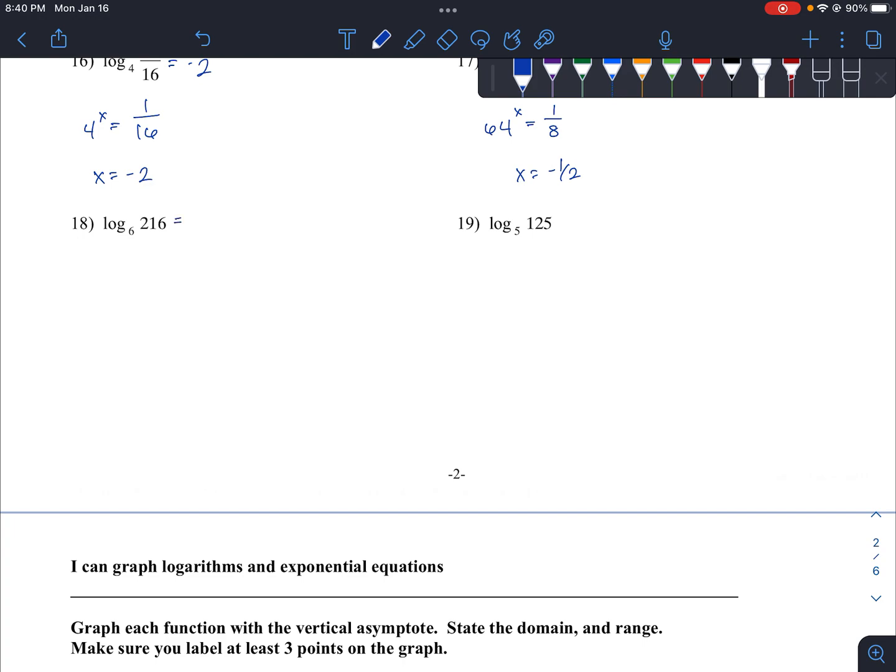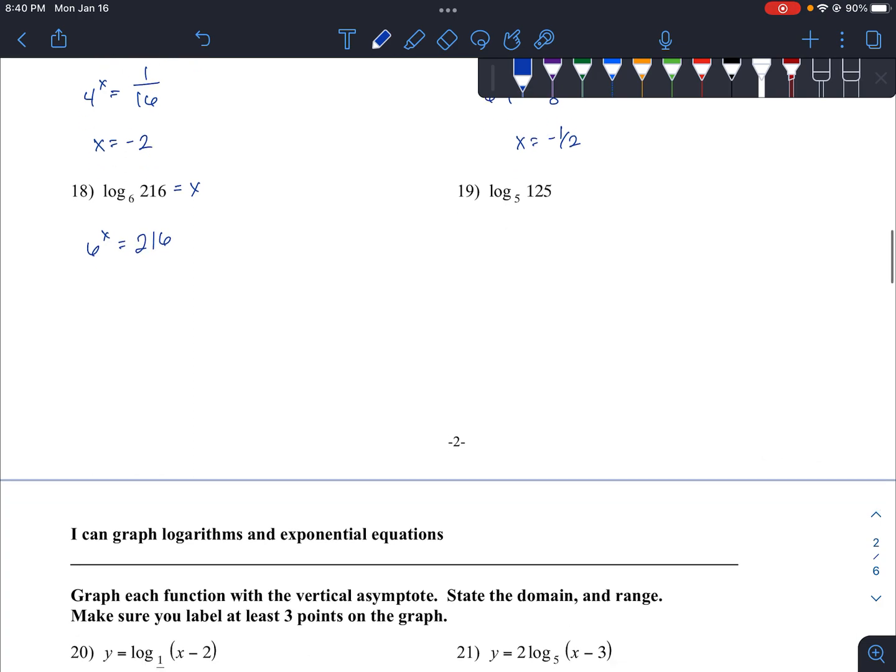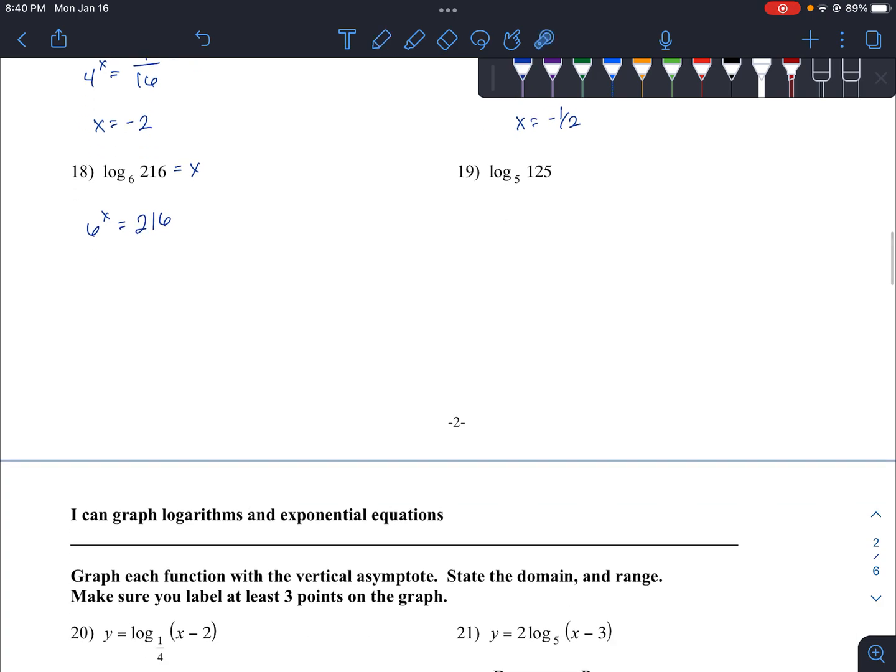For 18, set that equal to x, so 6 to the x power is equal to 216. 6 to the third power is 216. So that just means x would have to be equal to 3.